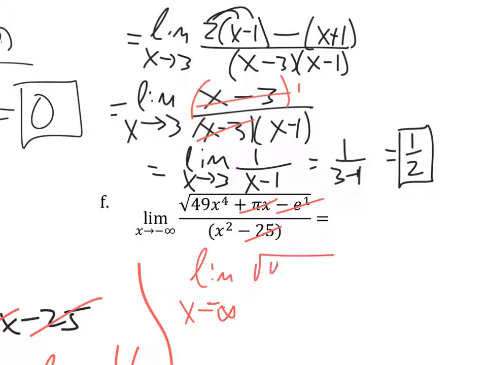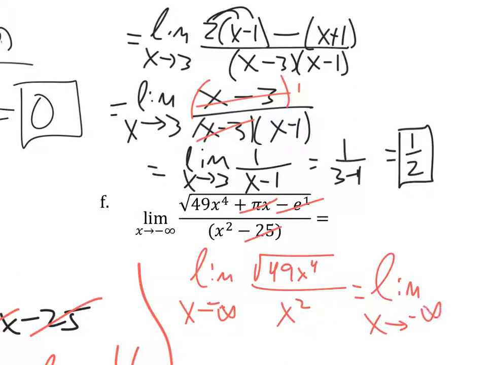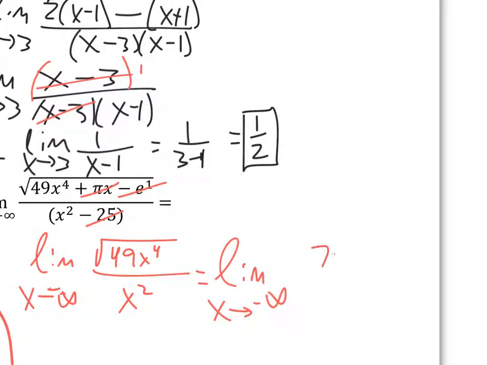The square root of 49x to the 4th all over x squared, and that top simplifies to 7x squared over x squared. And these x squareds are going to cancel, and that's great. And that just becomes 7.